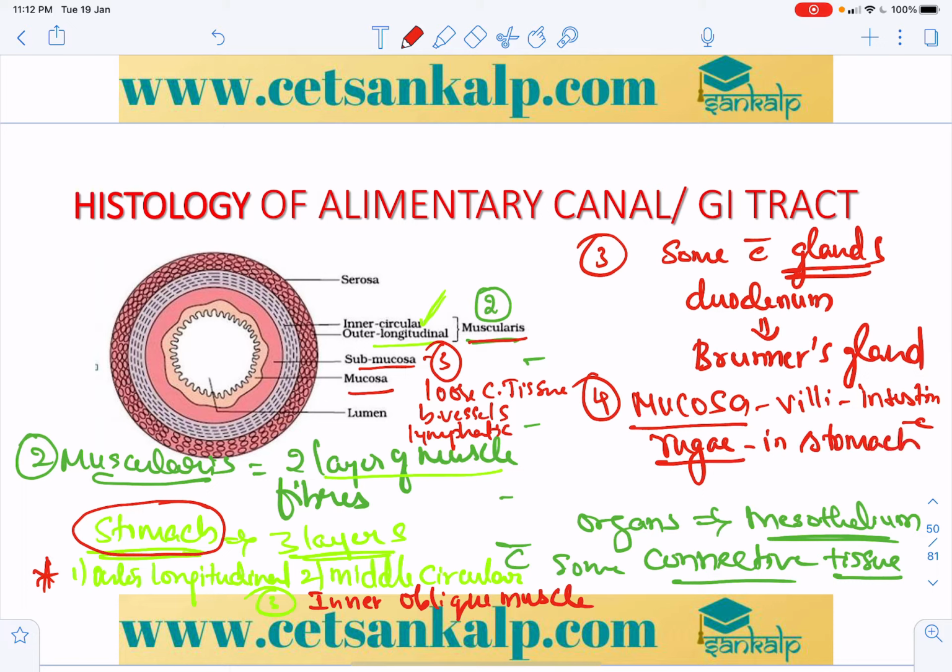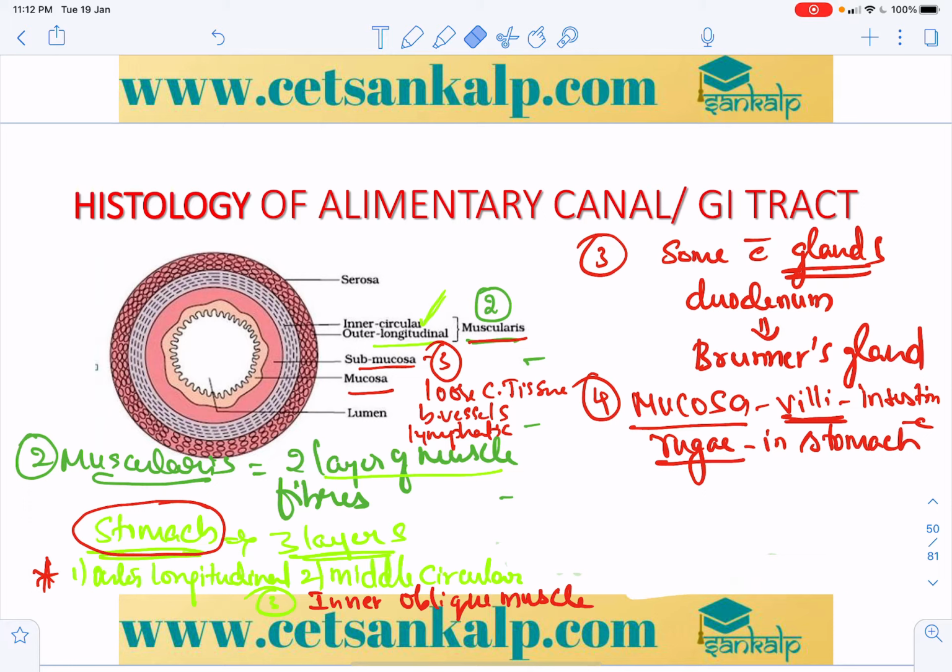As we all know, villi are generally in the small intestine, finger-like projections lined by microvilli, microscopic projections of these cells. Let me give a little detail on what exactly the microvilli and the brush border appearance are.